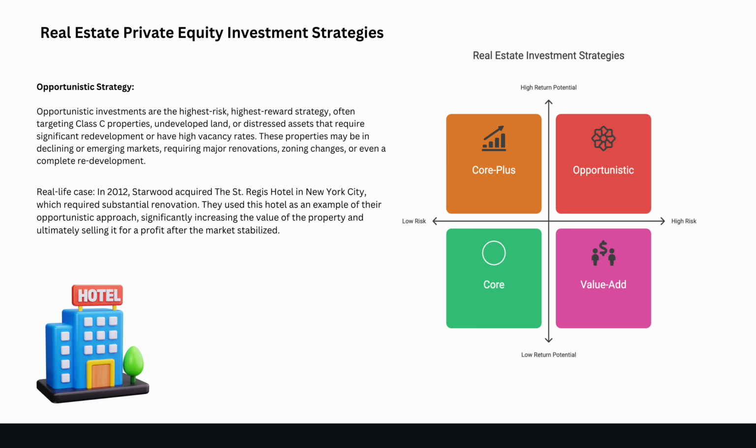In a real life case, in 2012, Starwood acquired the St. Regis hotel in New York City, which required substantial renovation. They used this hotel as an example of their opportunistic approach, significantly increasing the value of the property and ultimately selling it for a profit after the market stabilized. So this was the third strategy, guys.